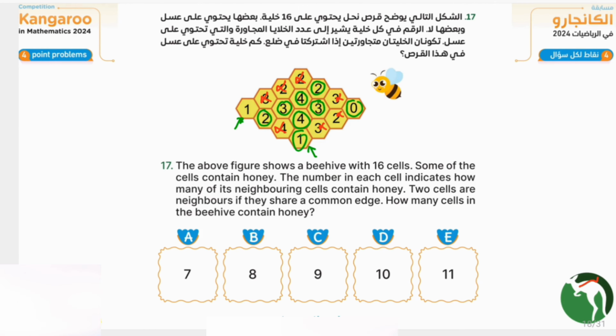Now the last one, if we look at 2, 2 of its neighbors should contain honey, and 3 contain honey, so 1 should also contain honey. So we will put a circle here on 1, and now we continue all the cells. Now if we count the cells, we have 1, 2, 3, 4, 5, 6, 7, 8, 9. So C is the correct answer.